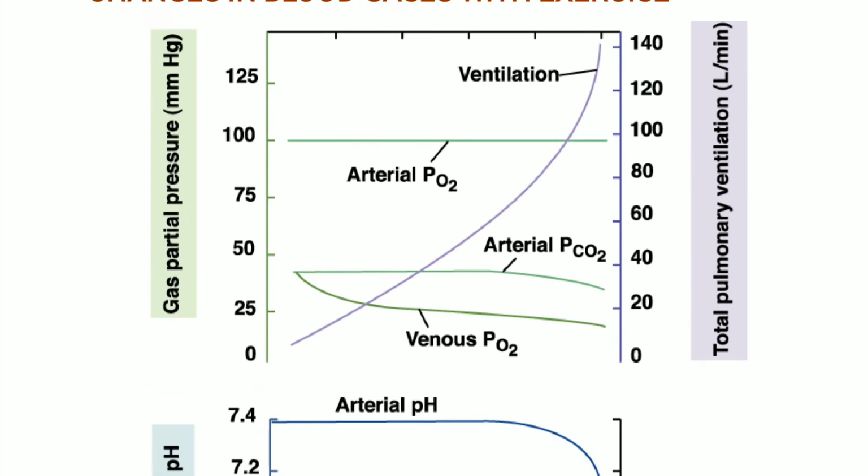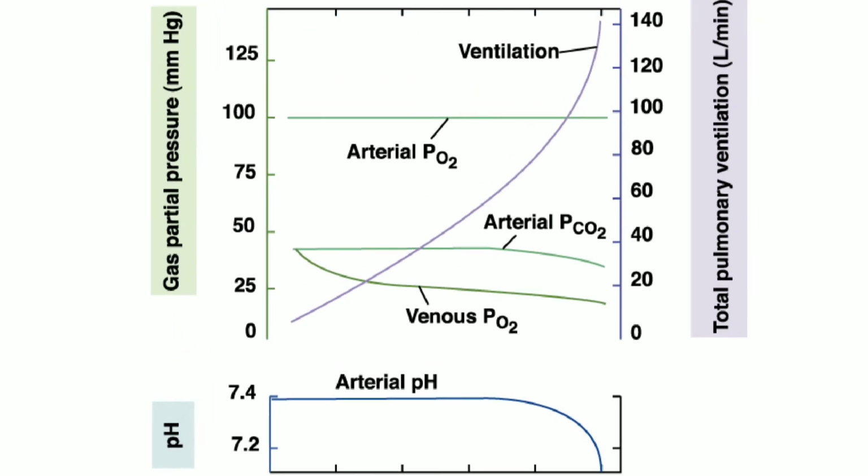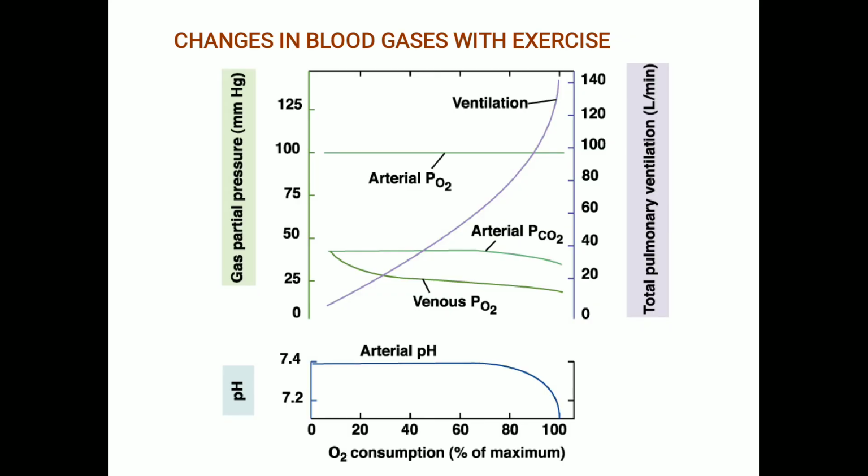At the same time you can see a linear increase in pulmonary ventilation with exercise intensity. This graph is quite important: change in blood gases and change in pH with exercise.